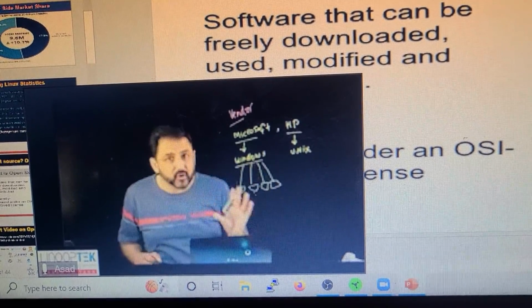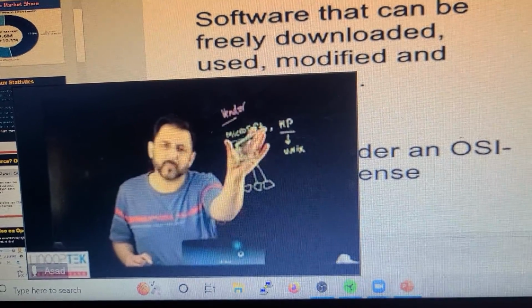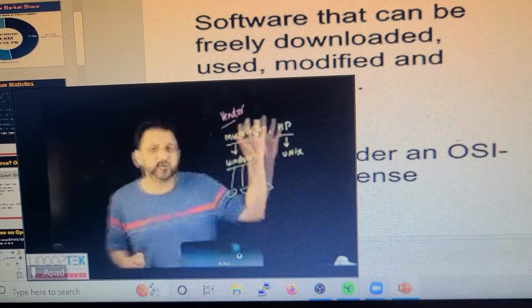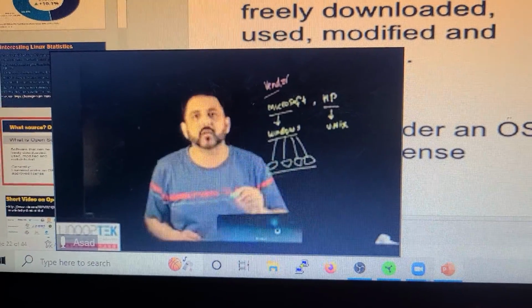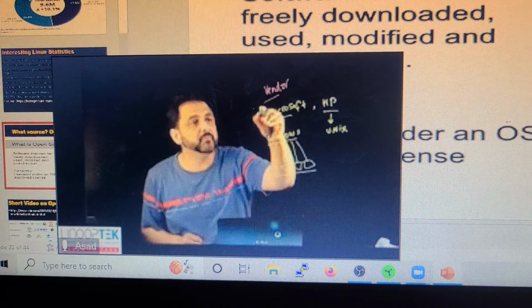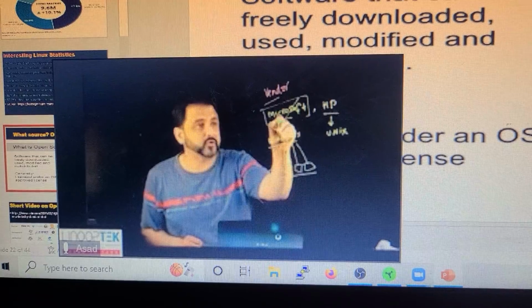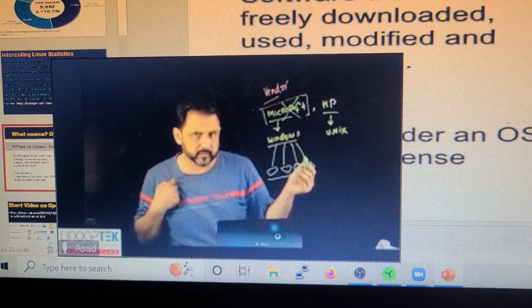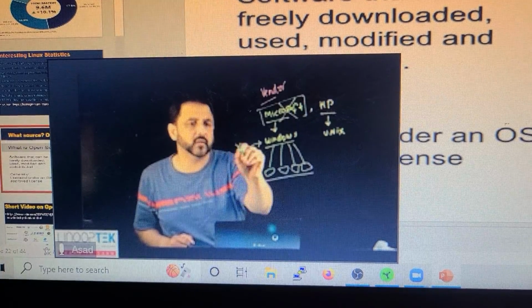If you have Windows running on your server, and now all of a sudden something happens to Microsoft, something happens to Bill Gates, God forbid, that affects all of these hundreds and thousands of systems, because only Microsoft knew their product. Now there is no Microsoft, God forbid if that's the case, there is no support for your operating system.